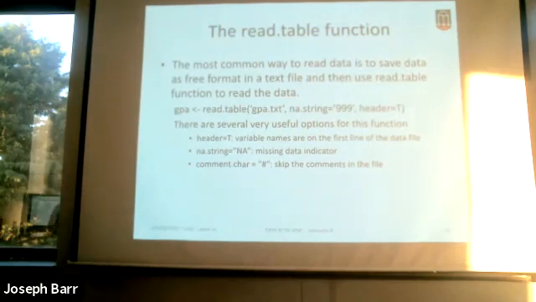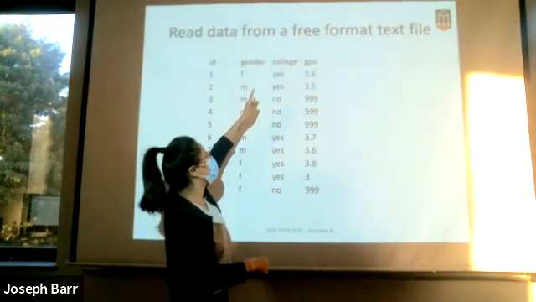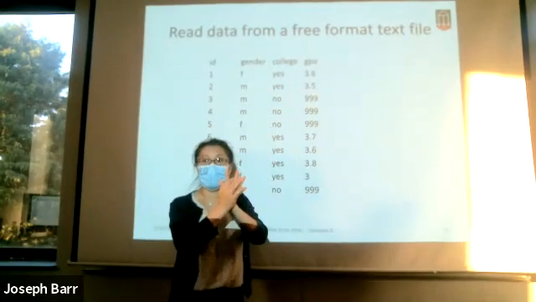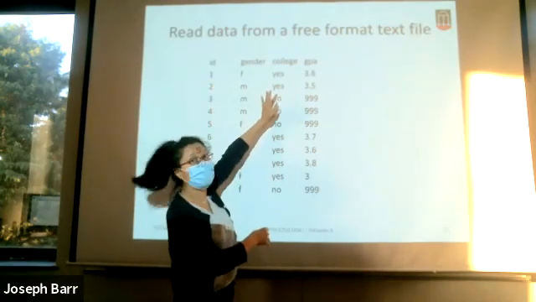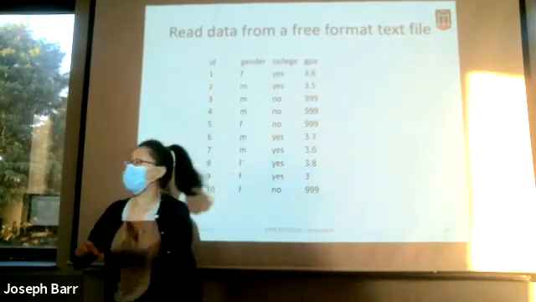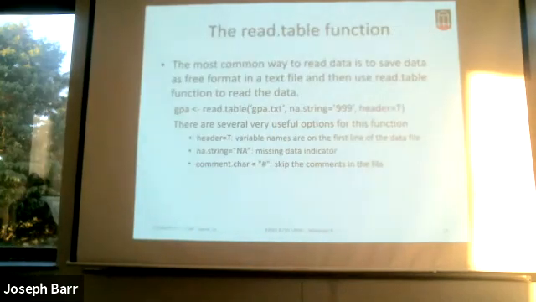I have a table head in this case: ID, gender, college, GPA. Should I include the head or not? If you want to include the head of the table, then yes. If you don't want to include that one, then you can just use false. So header equals true or false.